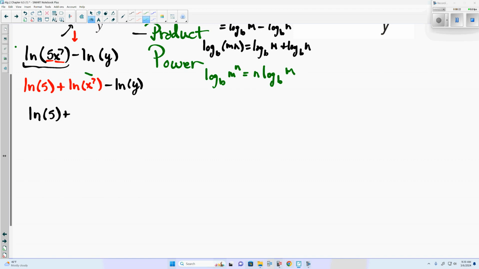We can take that power and move it to the front, which tells us that we have what? Plus 7 times the natural log of x minus the natural log of y.